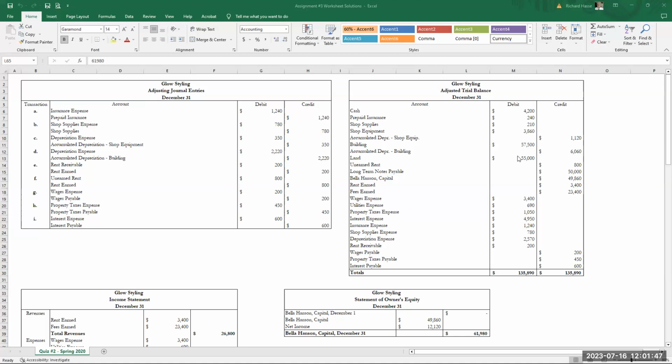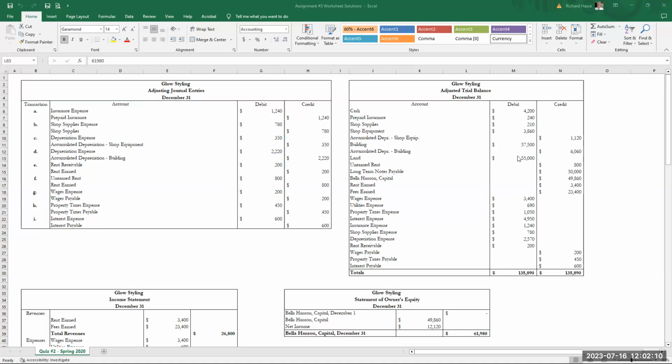The final examination will mainly be on the second half of our course: retail inventory, cash and accounting controls, plant assets, and managerial accounting. But there'll be a couple of questions on the accounting cycle. So this assignment number 3 was us wrapping up the accounting cycle.